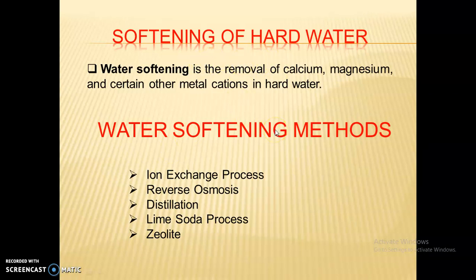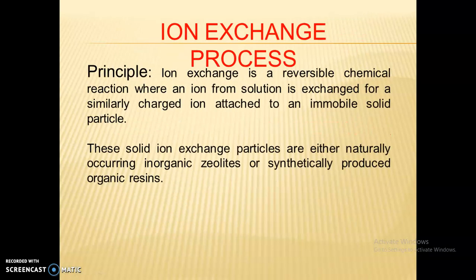A lot of methods exist to remove these hardness-causing substances. Some of them are the ion exchange process, reverse osmosis, distillation, and the lime soda process using zeolites, etc. The main topic is the ion exchange process. Let us discuss the principle.